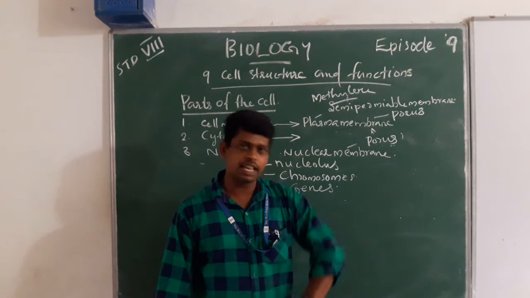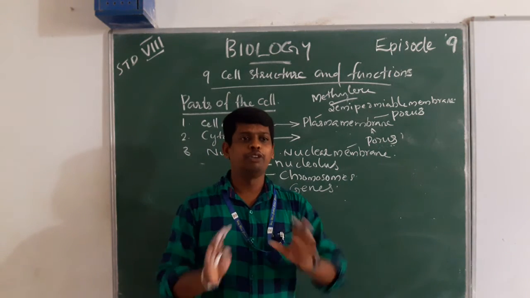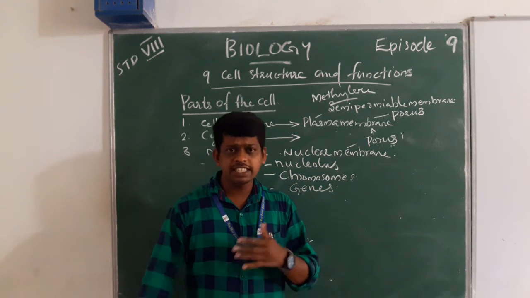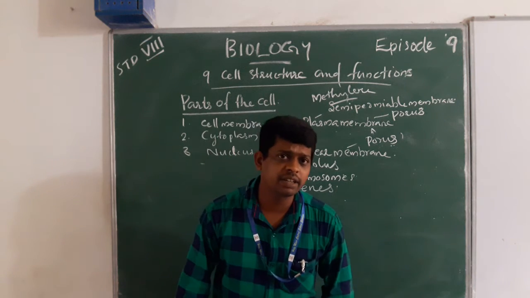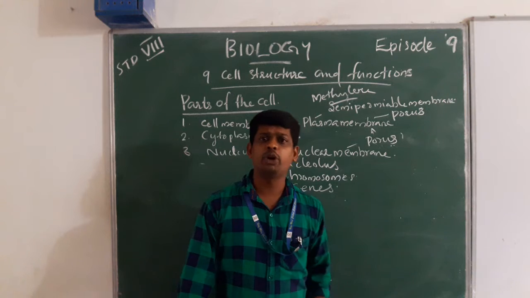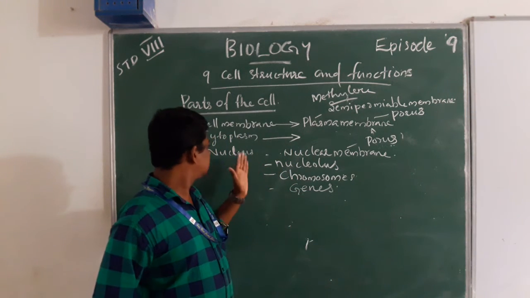The second is the cytoplasm, the central fluid matrix. Within the cytoplasm there are cell organelles, especially in animals, such as mitochondria, Golgi bodies and ribosomes. The last is the nucleus.